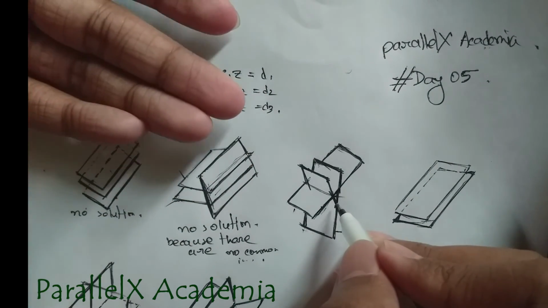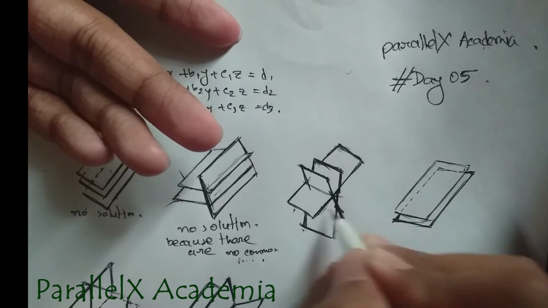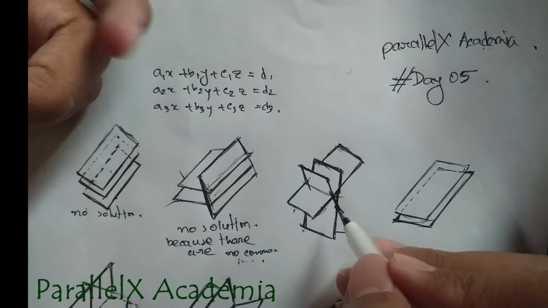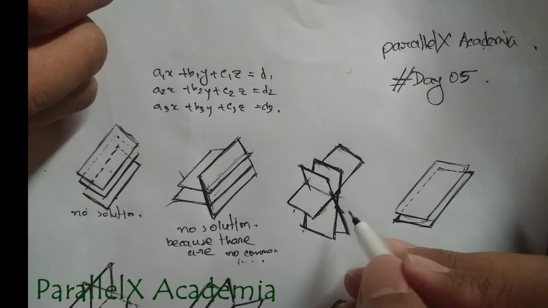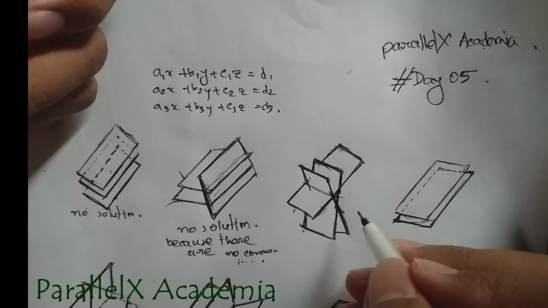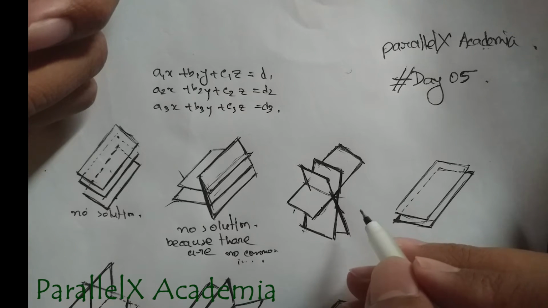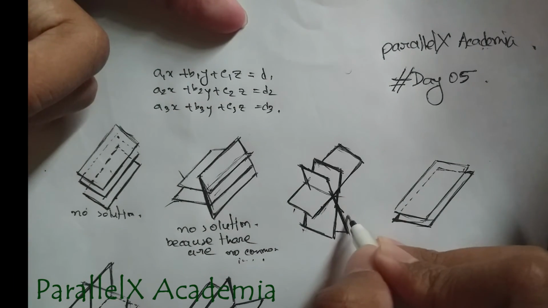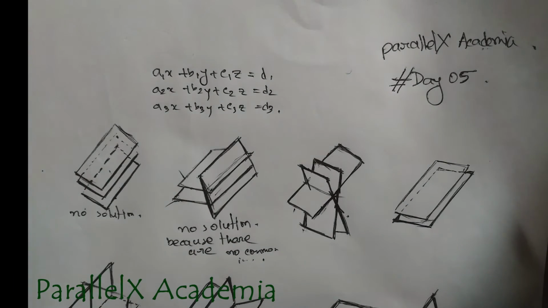So here there is no common intersection. Common intersection is really important in the case of these equations. As there is no common intersection, we can say that it has no solution.